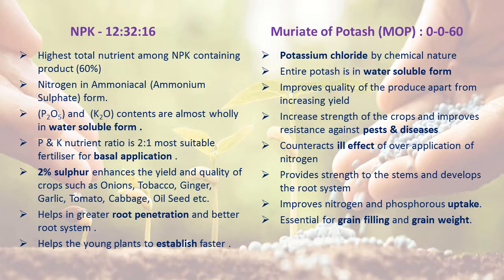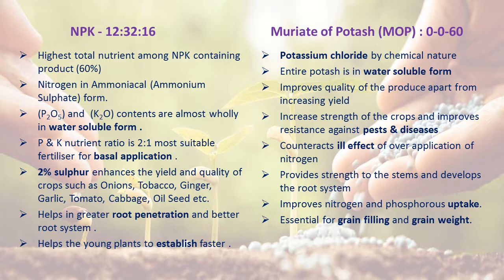It is actually rarely used in India. It is the NPK 12-32-16. If we add that NPK together, then it is the highest total nutrient, that is 60%, and also nitrogen is in the ammoniacal form.